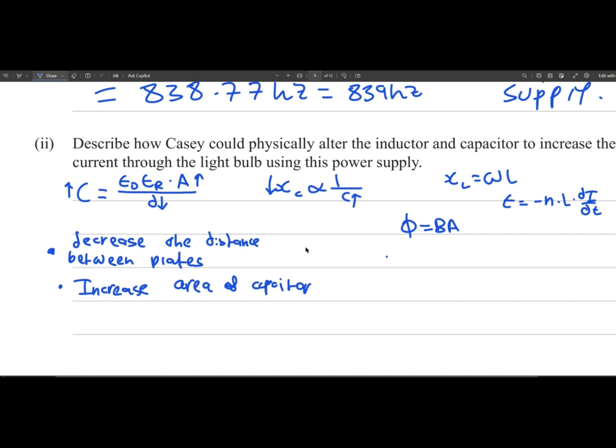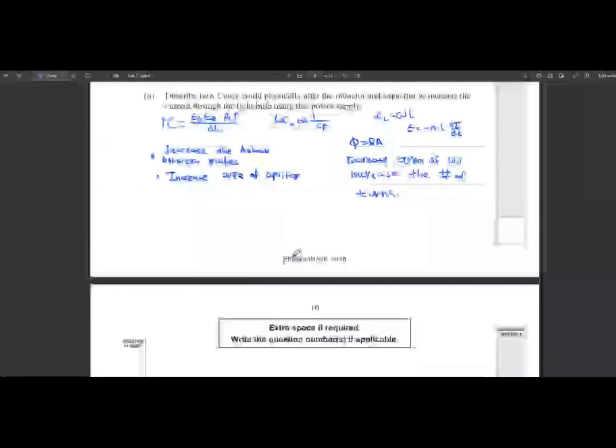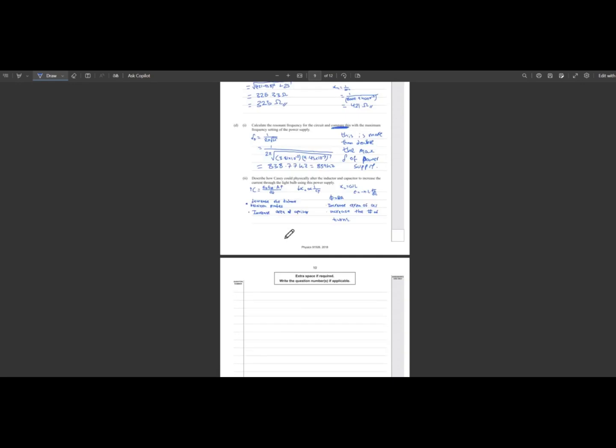So if we increase the number of turns, or increase the area of the coils, or you could increase the number of turns. So yeah, cool.